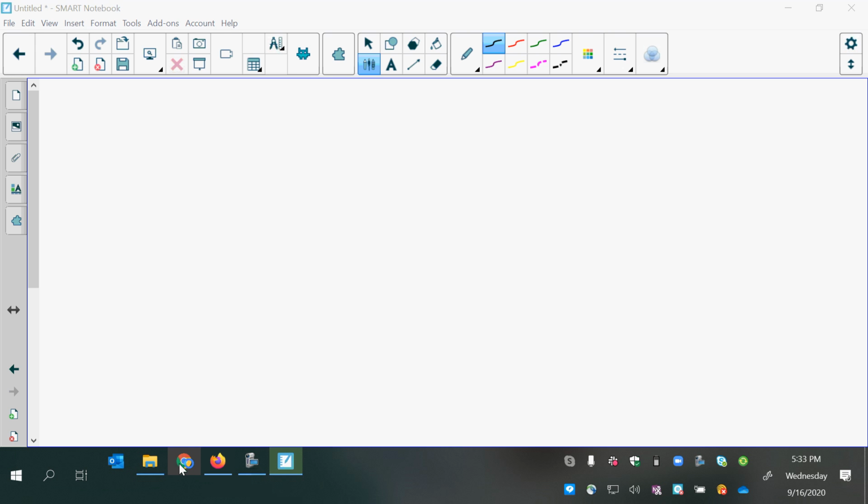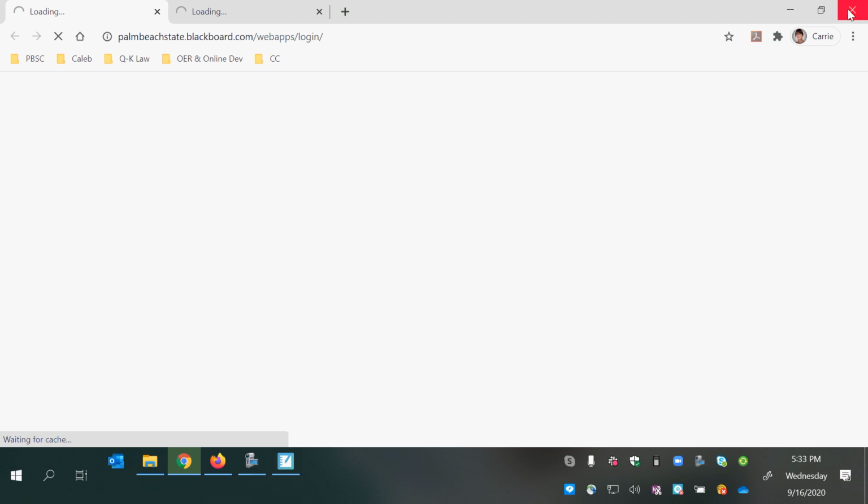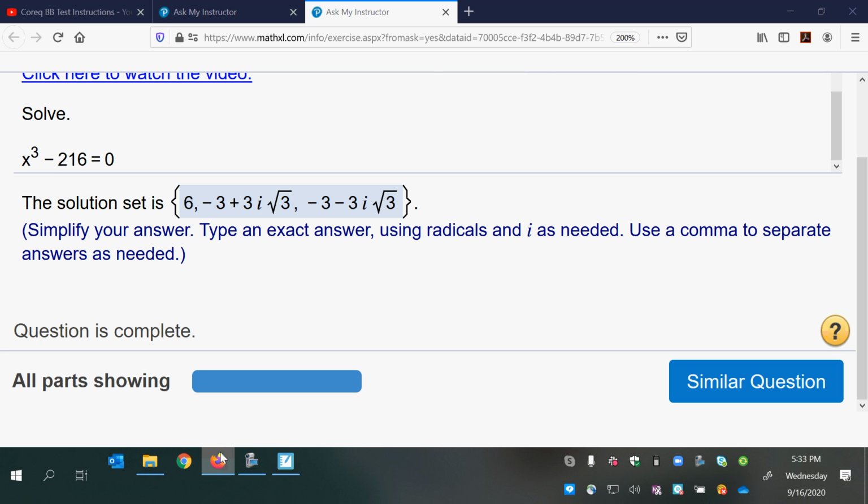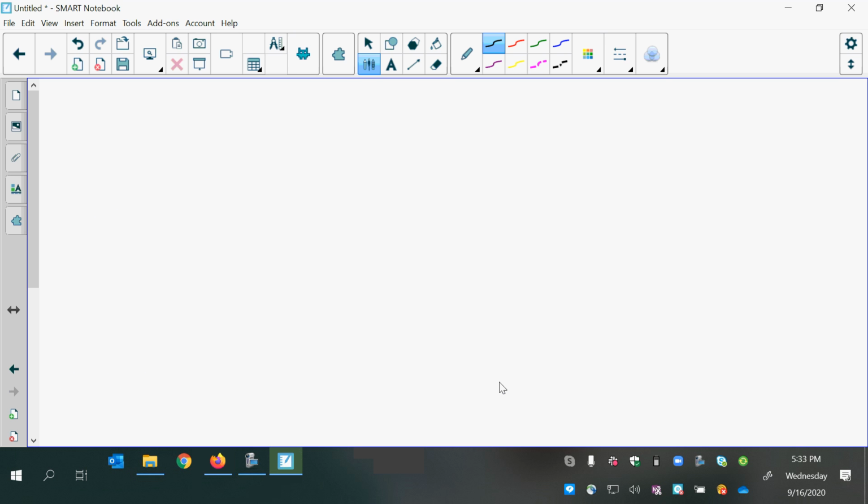So let's look at that again. A cubed minus 216. All right, so solve a cubed minus 216. All right, so is 216 a perfect cube? And I believe it is, but let's see. Take the cube root. A couple ways you can do this on your calculator.